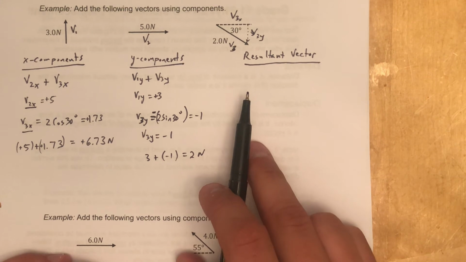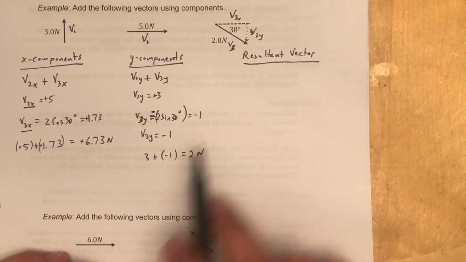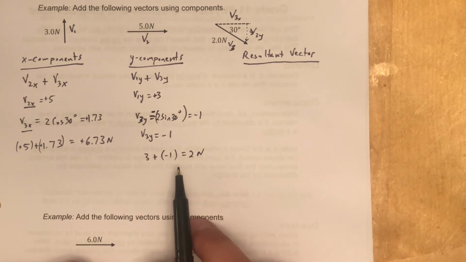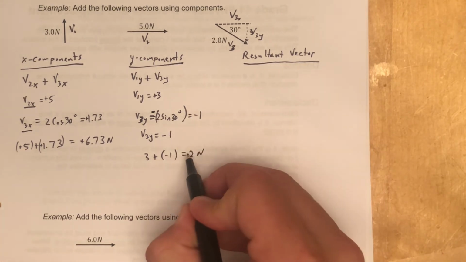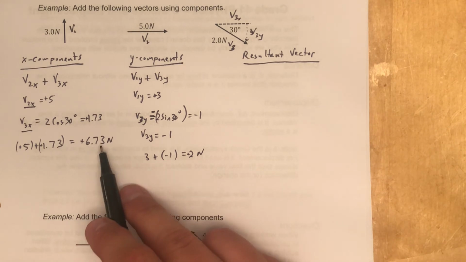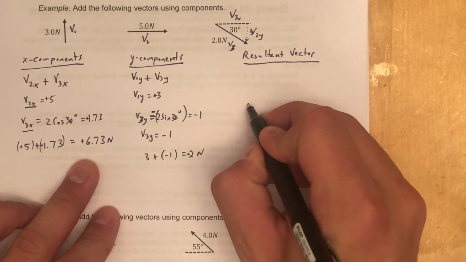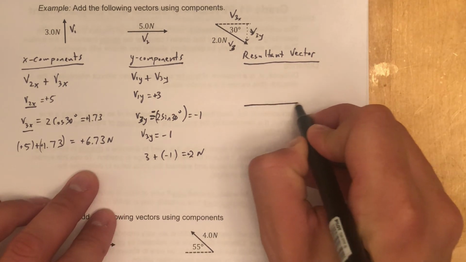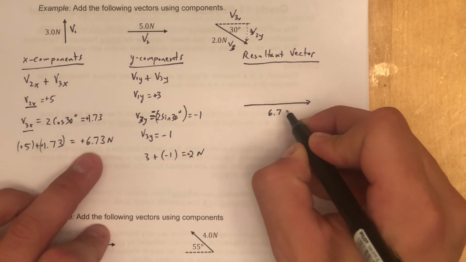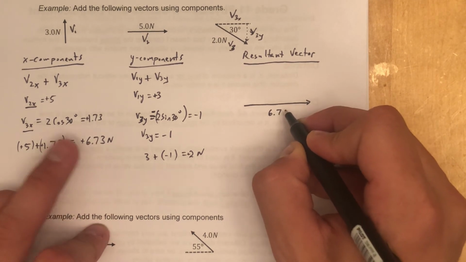At this stage, we have our x component and our y component, and we just need to combine these two. That's +2 and +6.73. I'm going to start with my x component and represent it with a value this way. Again, it does not need to be exactly like, say, 6.73 centimeters, where 1 centimeter equals 1 newton.